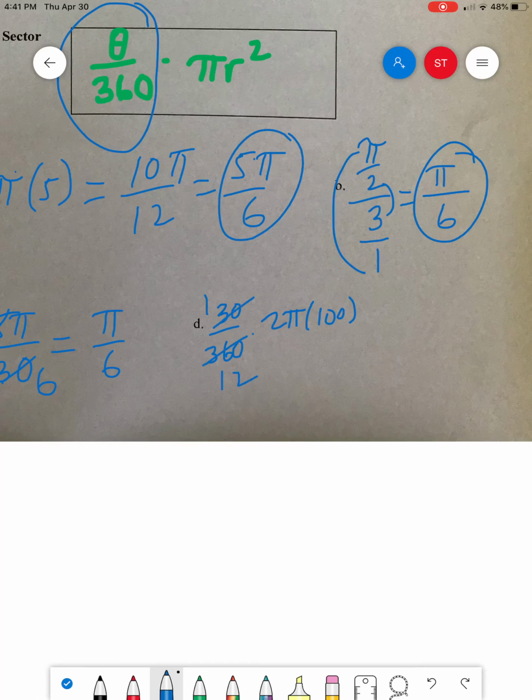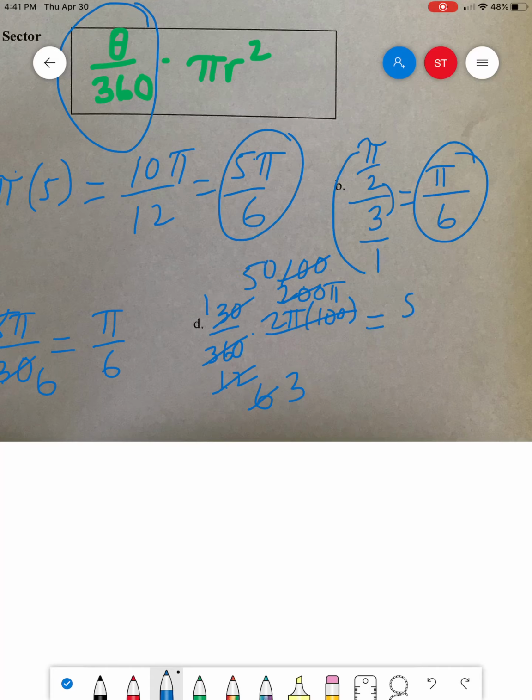Okay, this is 200 pi. Now we can slide this over. 2 goes into top and bottom, so 2 goes in 6 three times, and 2 goes in 100 fifty times.